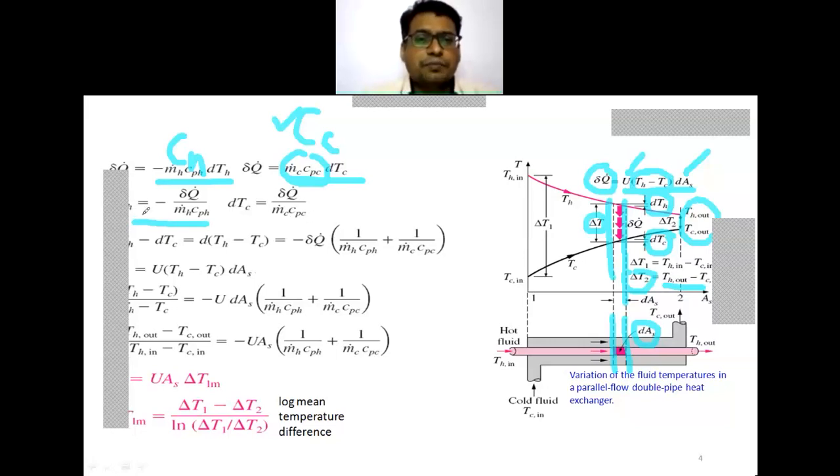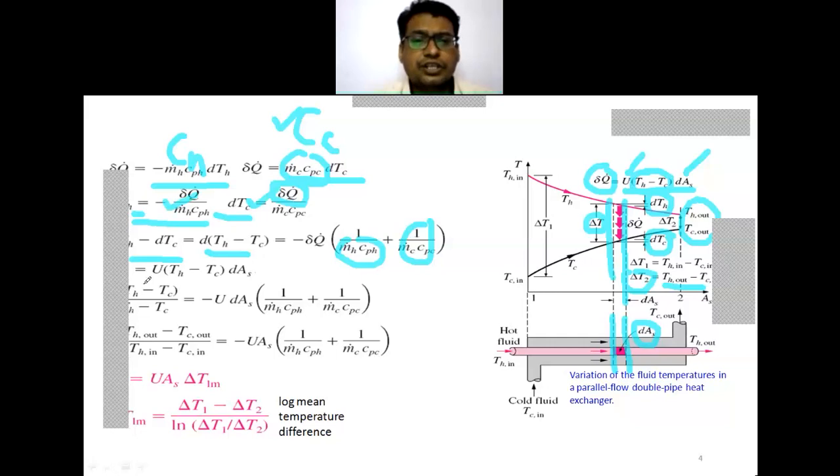So this minus this gives you dTh minus dTc, the differential of the temperature difference, which is equal to dq, taken out as common, times 1 upon mh Cph plus 1 upon mc Cpc. This is equation 1 and this is equation 2, 1 minus 2.